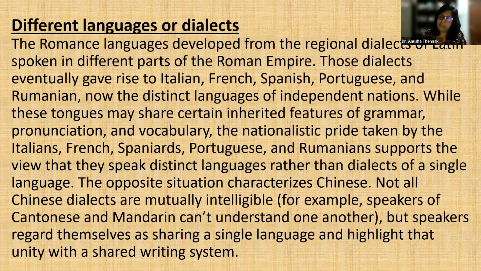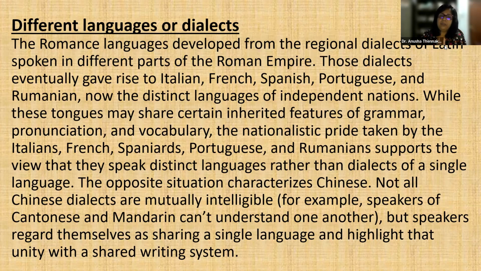But the situation is different in our country. When it comes to Sinhala, the Kandyan Sinhalese and the Southern Sinhalese are different in pronunciation and in certain terms. But still, a person from Kandy and a person from Matara or Hambantota can communicate very nicely. But in China, it's not like that.